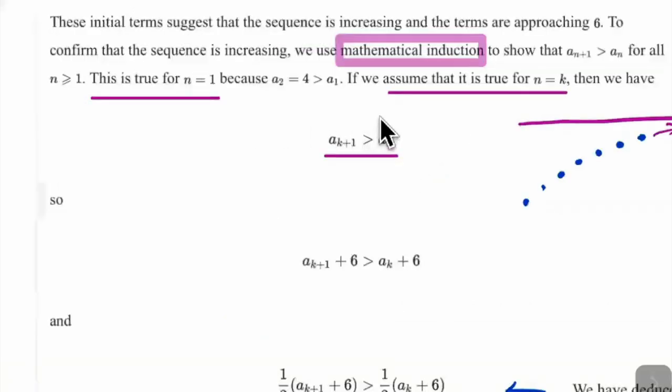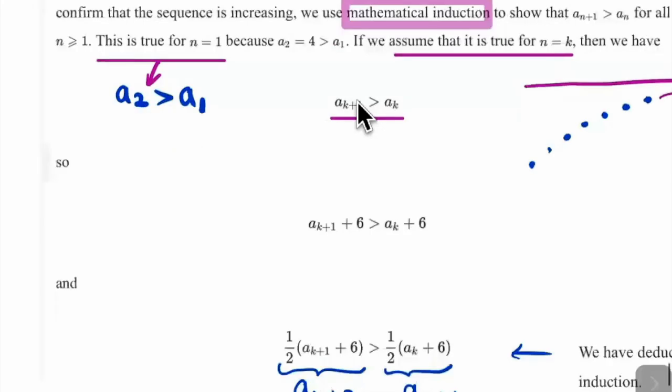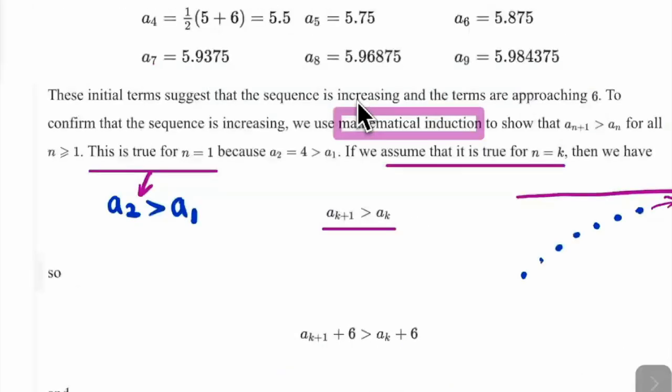So first of all, is it true for n equal to 1? In other words, is a2 greater than a1? Let's look at a2 and a1. What's a1? It is this, right? A2 is what? 4. Is a2 greater than a1? Yeah, that's true.